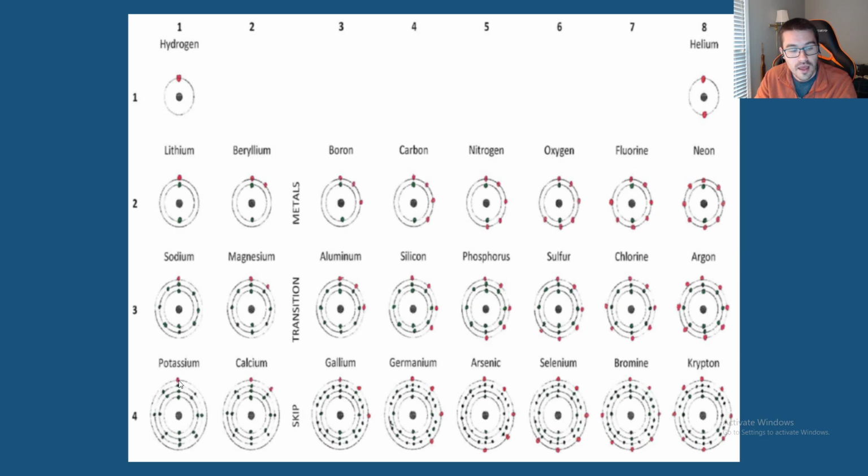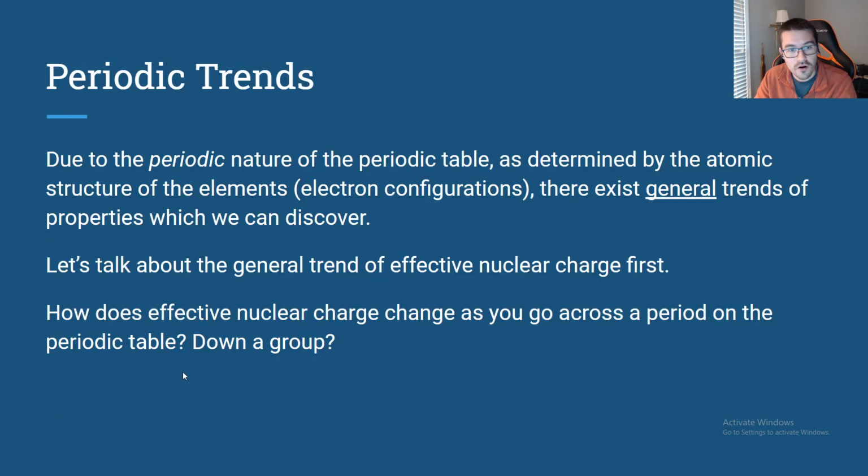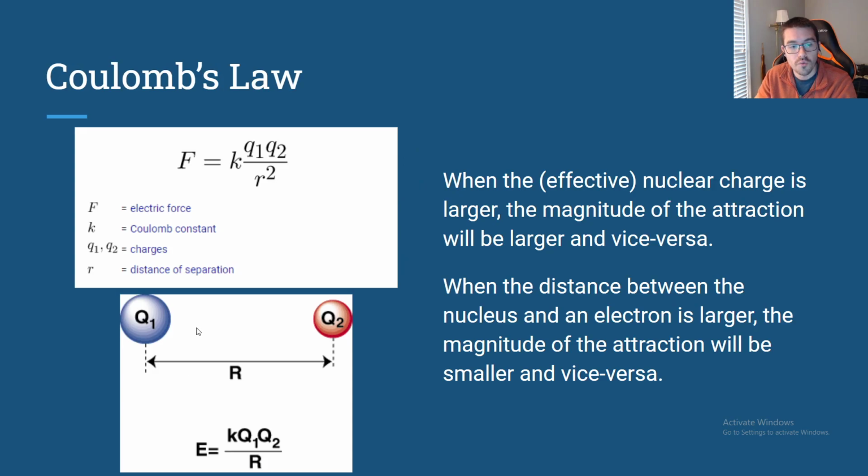And so if we look at our Coulomb's law equation, if our distance from the nucleus is increasing, then the attractive force goes down, and it goes way down, because in this force equation, it's a square law, and in the energy equation, it's just divided by the distance.